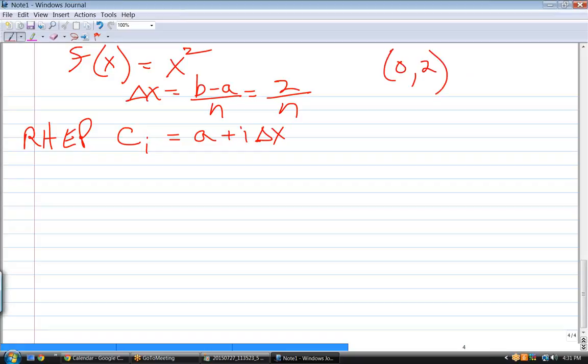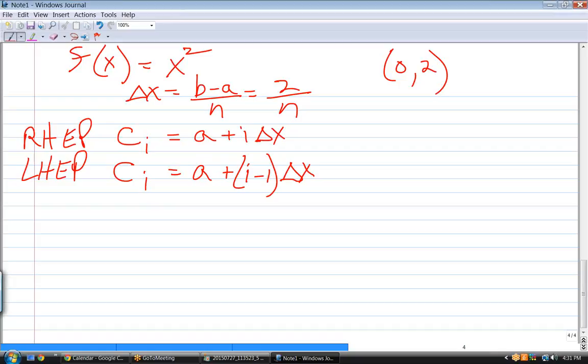Oh, okay. For left hand endpoint, c sub i is a plus i minus 1 times delta x. I mean, we're trying to prove if they produce the same answer.